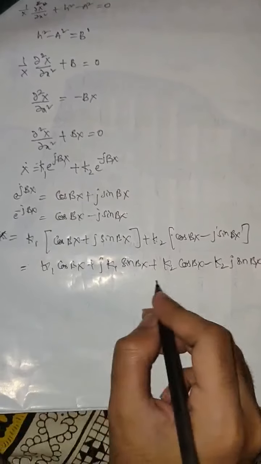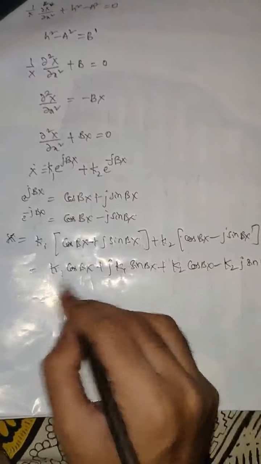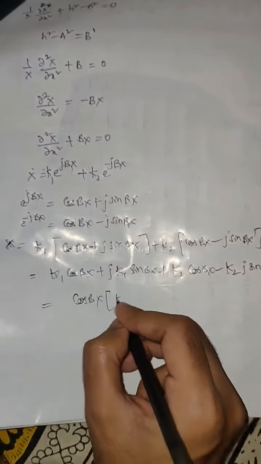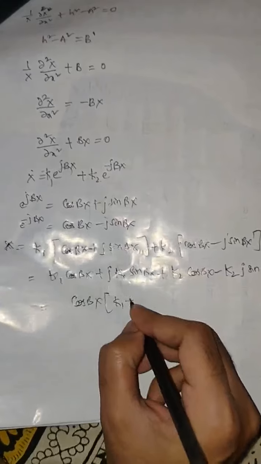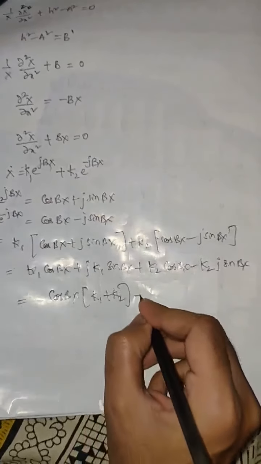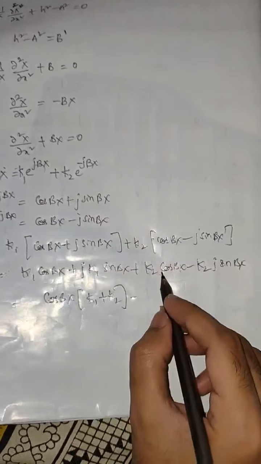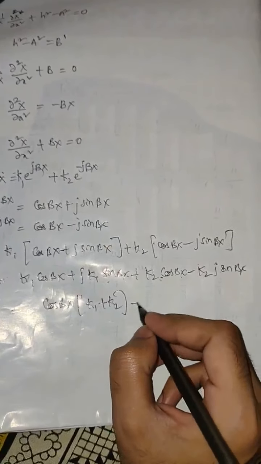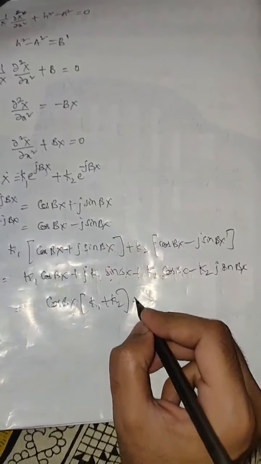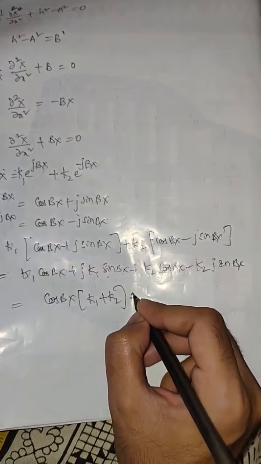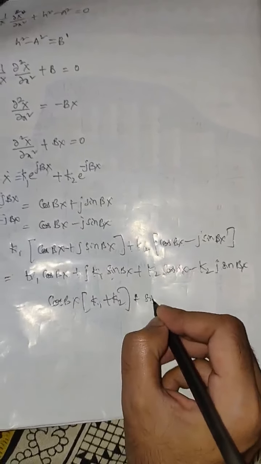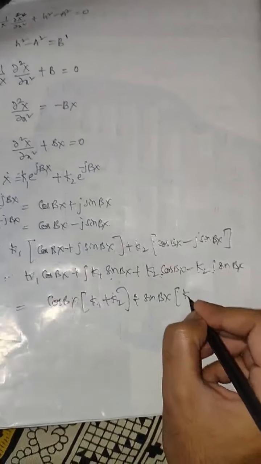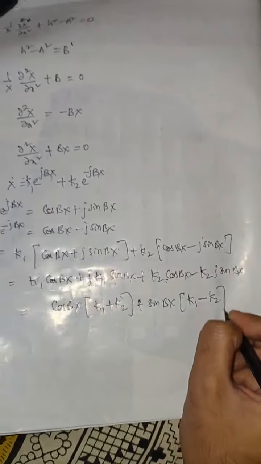Okay, so now take cos bx common in these terms: cos bx times k1 plus k2. Similarly, if you take sin bx common, you can write plus sin bx times k1 minus k2.